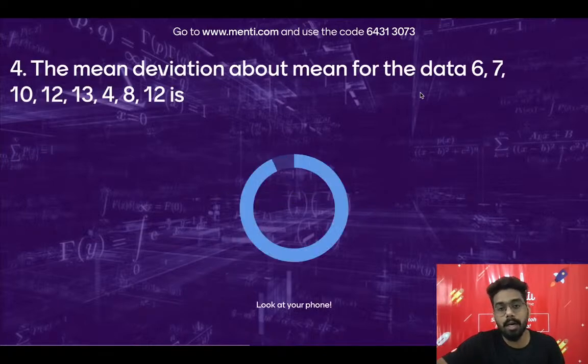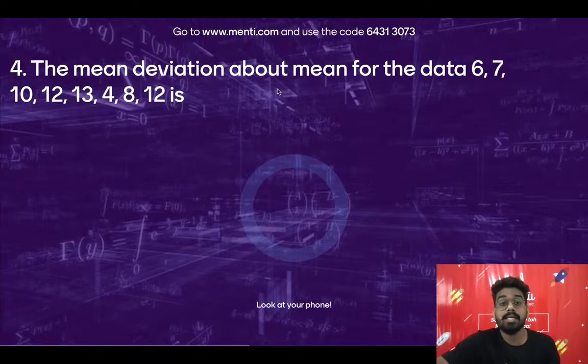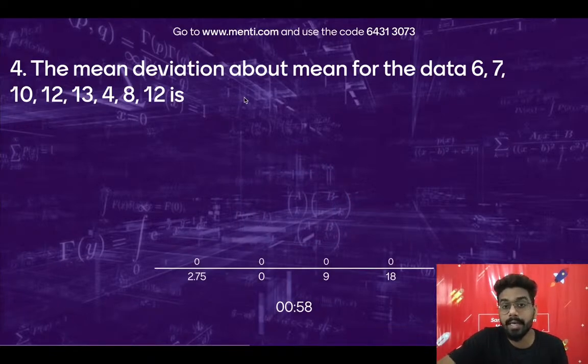So question number 4, the mean deviation about mean. See, there are many ways to calculate mean deviation, about mean or median. So, mean deviation about mean for the data 6, 7, 10, 12, 13, 4, 8 and 12.